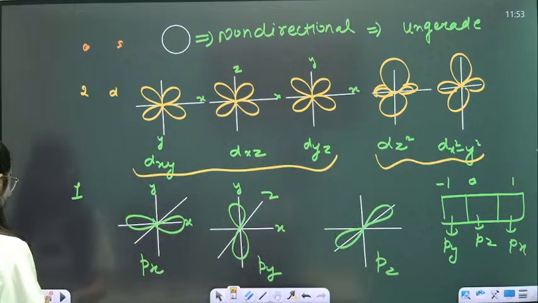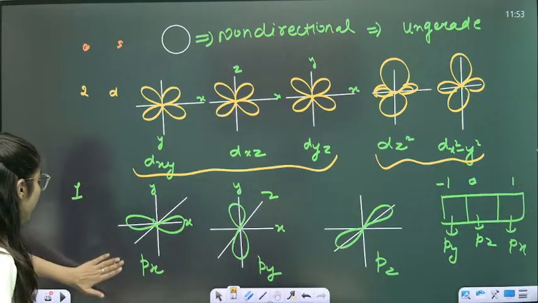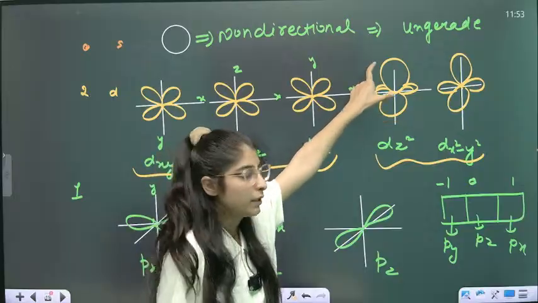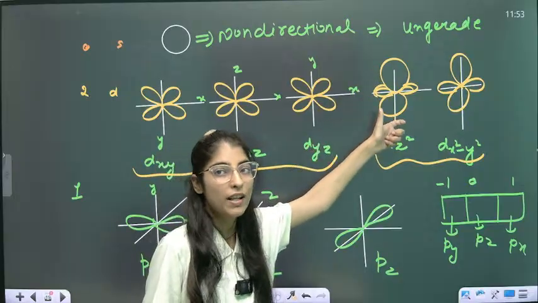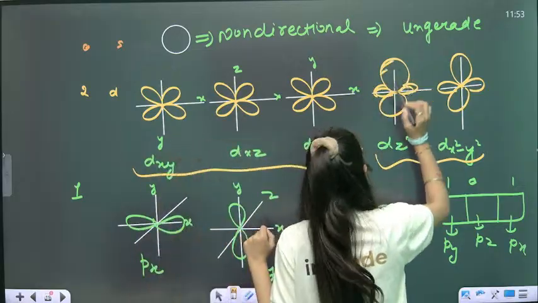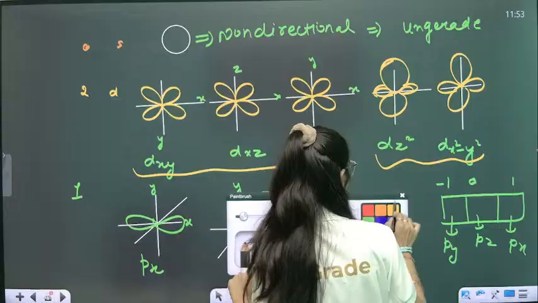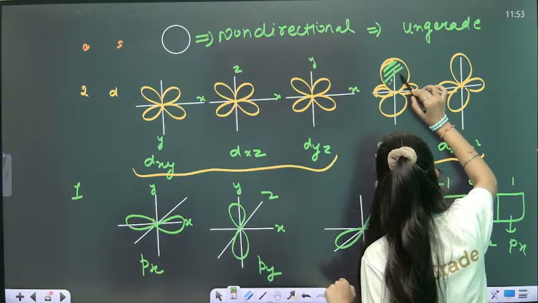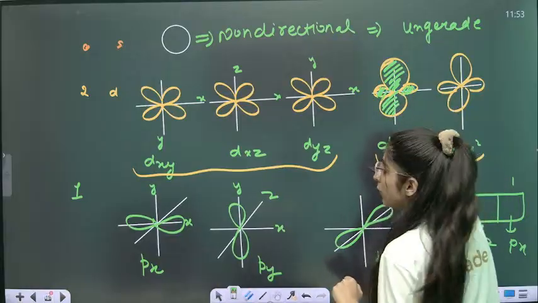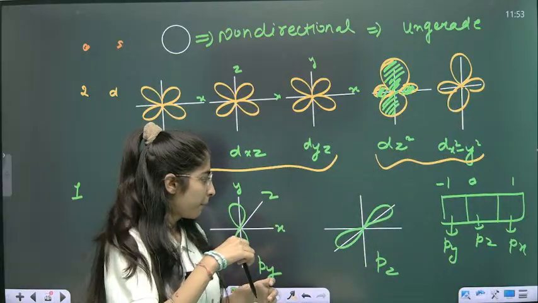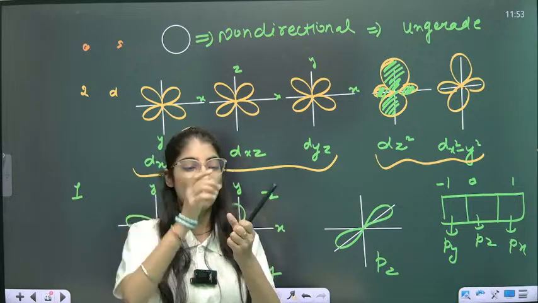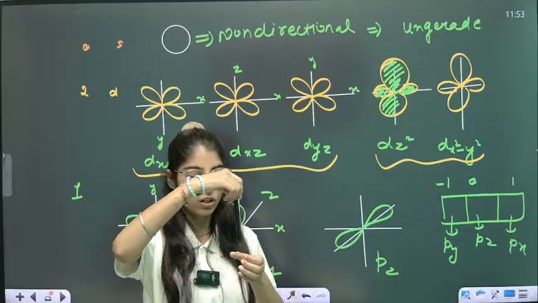See, I am representing the shape of dz square. You can see these particular lobes are representing the electron density. Electron density is present here, electron density is present here, here also electron density is present. How I'll explain it to you, the shape of dz square is like a cone.